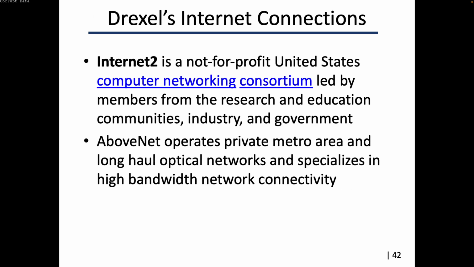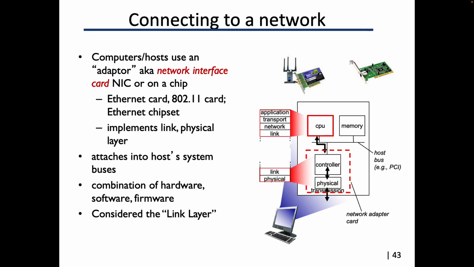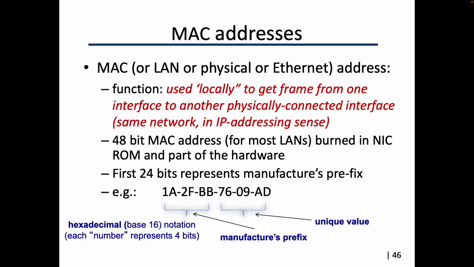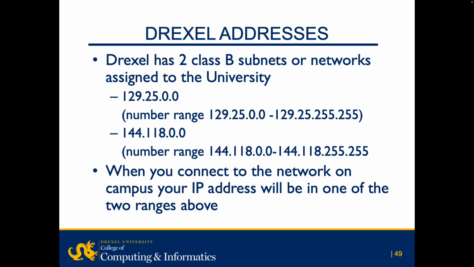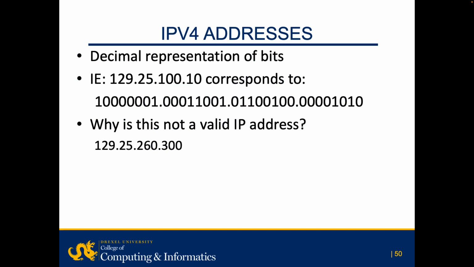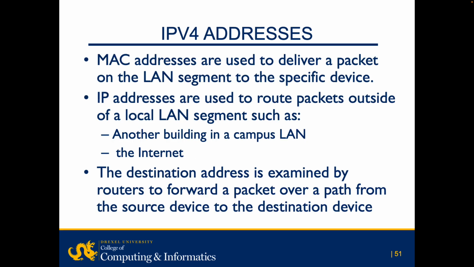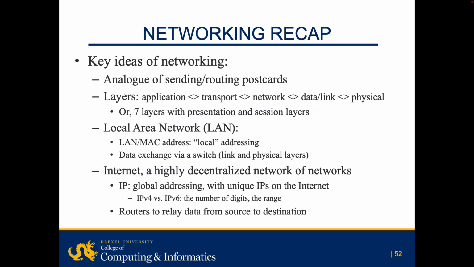And some facts about Drexel internet connections, I don't think we need to spend too much time because our purpose here is really just to understand how this whole thing works and then zoom in on the HTTP protocol. And again, these are some details regarding IPv4 versus IPv6. Again, we don't need to spend too much time there.